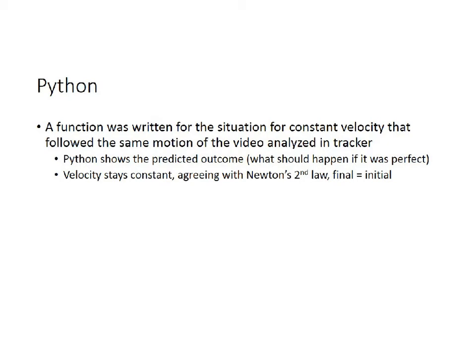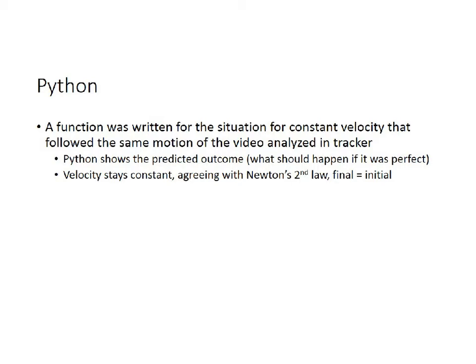Using the data from Tracker, I found the initial position and the initial velocity of the kickball as it rolled across the table. From there, we used the coding system Python. In Python, I created a function written for the situation, for constant velocity, in which no error would be involved and the ball would be in constant velocity the entire time.